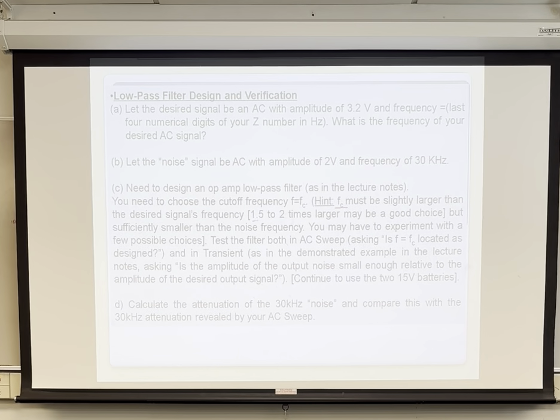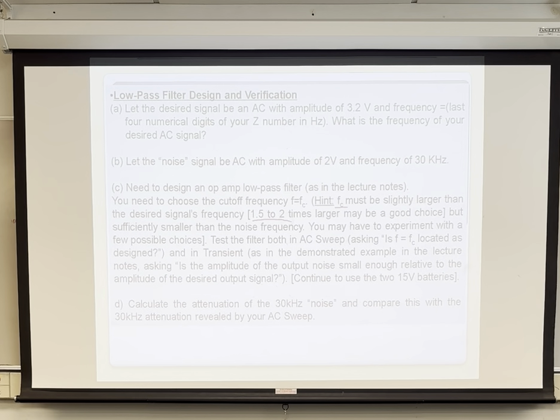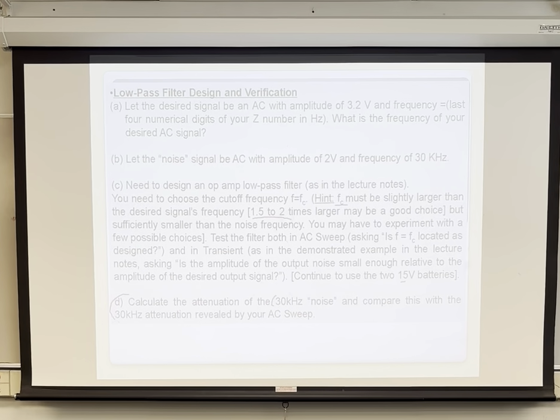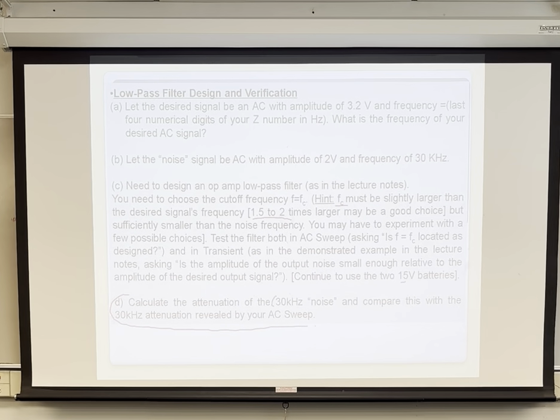It can be 1.5 to 2 times larger than your desired frequency. Use two 15-volt batteries and calculate the attenuation of the 30 kilohertz noise and compare this with the 30 kilohertz attenuation revealed by your AC sweep. Does everyone follow what this is asking for? Is this actually in the homework assignment?